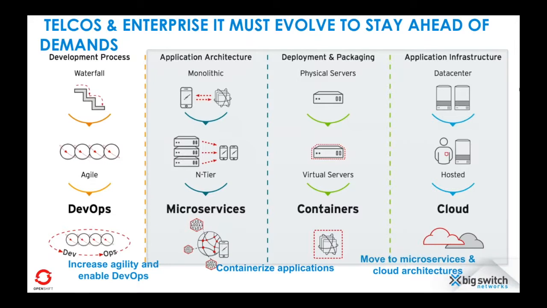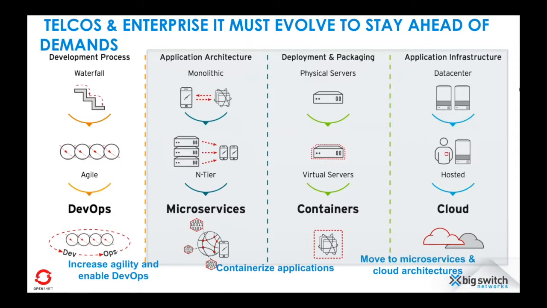Moving forward, that agile model is also not sufficient, and people are increasingly looking at a DevOps environment where they're continuously building, developing, testing, and integrating as things roll into production. So agility is what is really driving this conversation in terms of the DevOps model overall with respect to implementations in the enterprise or telcos.